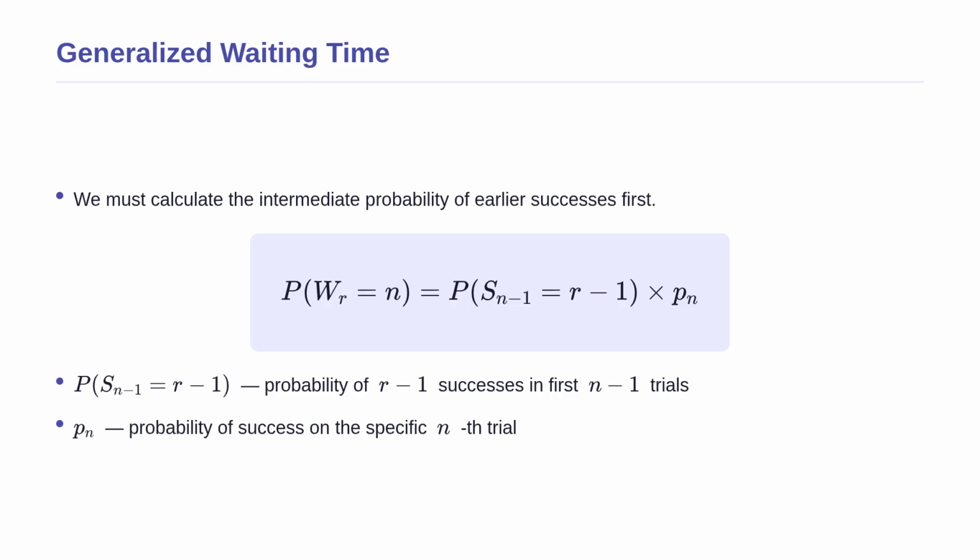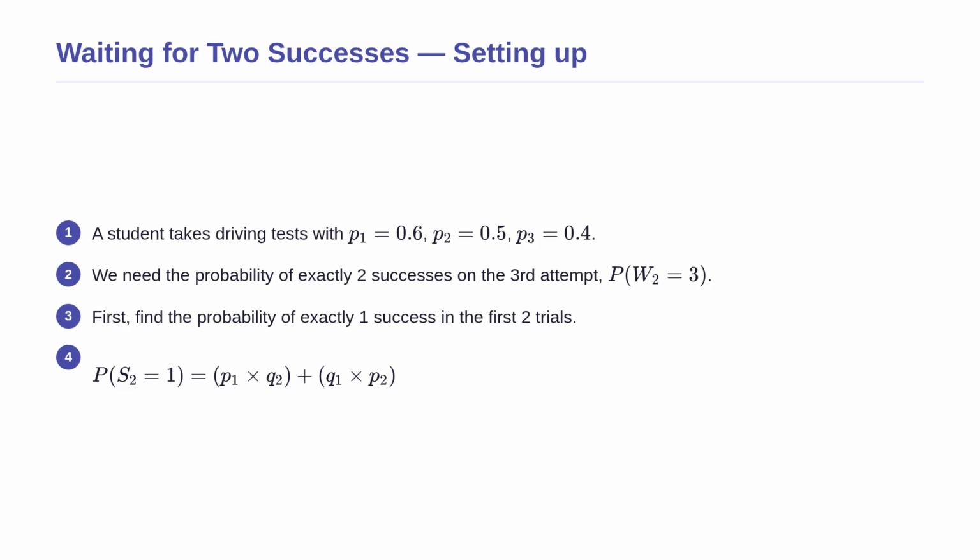Let us apply this new formula to a real scenario. A student is taking a series of increasingly difficult driving tests. The probability of passing the first test is 0.6, the second is 0.5, and the third is 0.4. We need to find the probability that the student achieves exactly their second success on their third attempt.